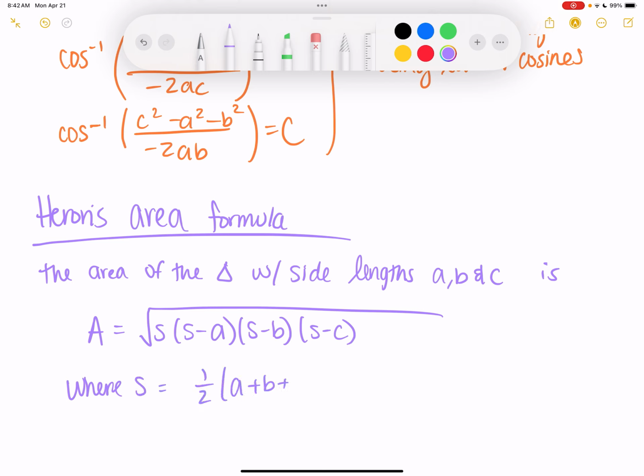So we add all the side lengths up and we cut them in half. And then we do the square root of that value times that value minus one side, times that value minus another side, times that value minus the other side. We take the square root of all of that and we get our area. So it's just another method. The area formulas are nice because when you know the formulas, like it's just like with the other formula, it's half of the two side lengths times the sine of the angle that you're given.